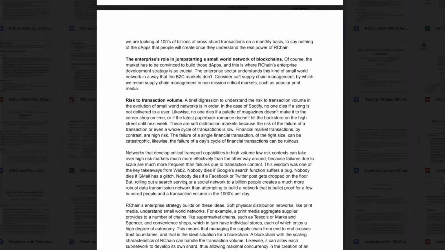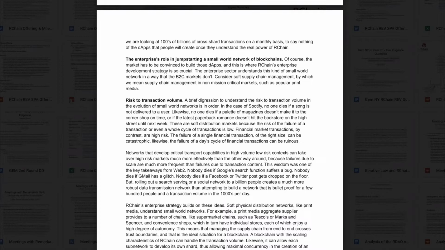No one's going to get bent out of shape if a Spotify song gets dropped on the floor and it has to be delivered the next day. So that kind of softness is what we mean in the online sectors, but there are similar versions of supply chain management problems where they're soft.